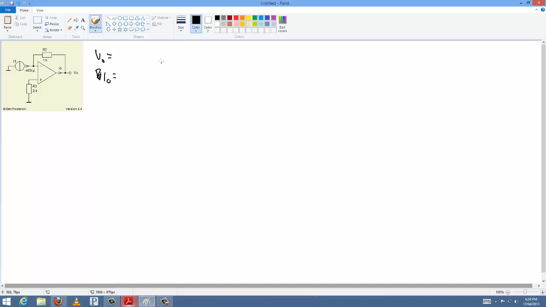It'll be the voltage across R2. So VO will be negative I1 on R2.